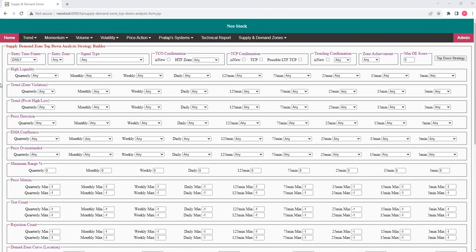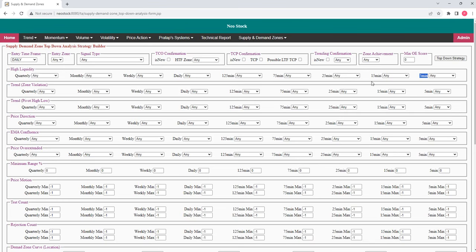Top-down analysis uses 22 different parameters like high liquidity zones, trend, price direction, EMA confluence, price overextended, price motion, test count, etc. And each parameter uses 9 time frames starting from quarterly, monthly, weekly, daily, 125 minutes, 75 minutes, 25 minutes, 15 minutes, and 5 minutes.